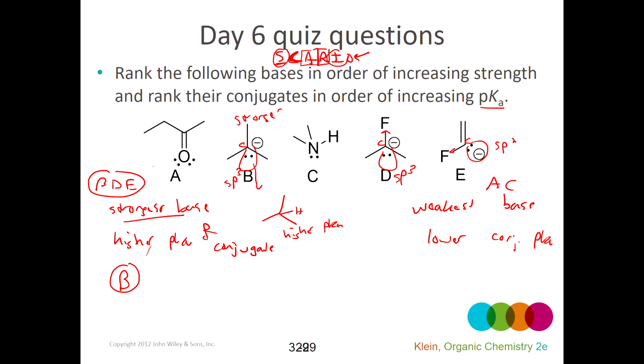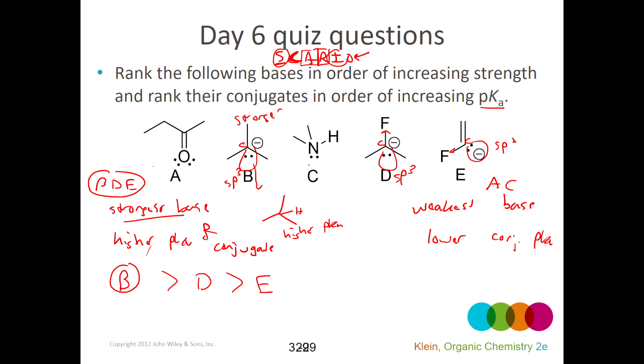The sp2 orbital is a little bit more compact, so here the electrons will be held more tightly to the nucleus and effectively stabilized by that. So that means B is the most unstable, strongest base with the highest pKa for its conjugate, and next would be D, and then E. Right, so we've ranked those 3.